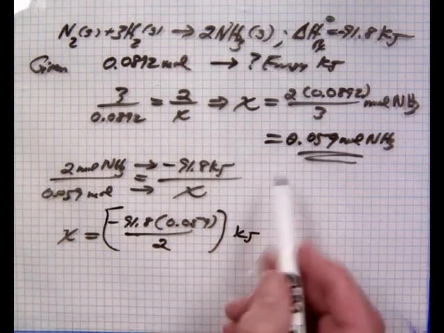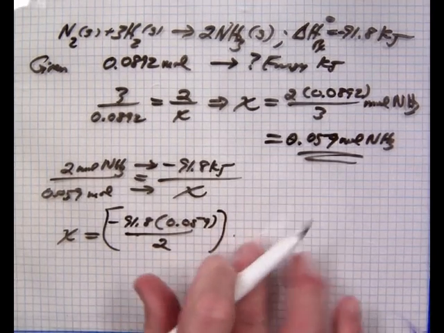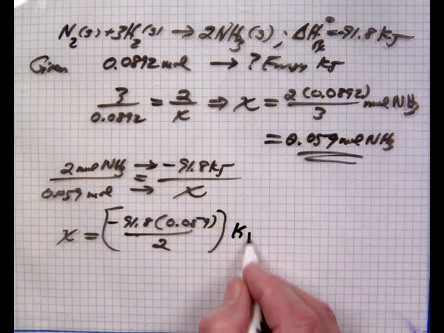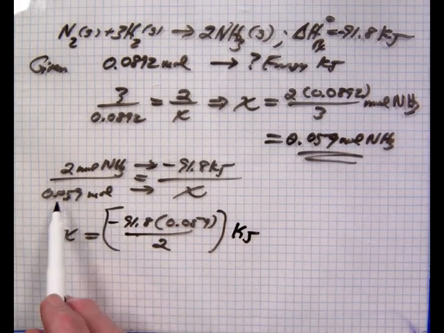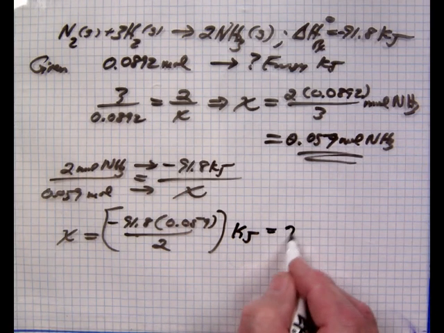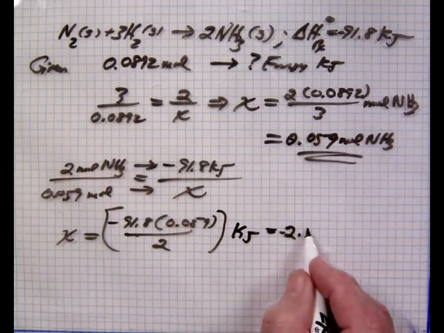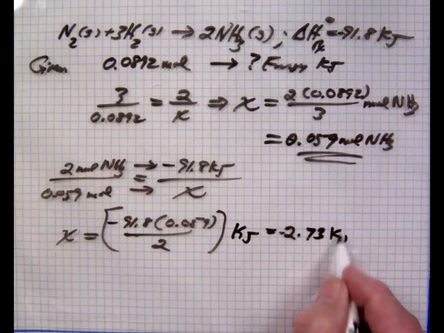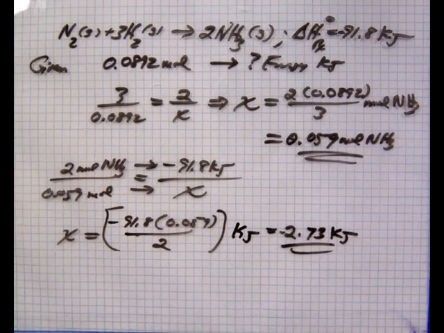So this will be the energy liberated on the formation of 0.059 moles of ammonia. And we have negative 2.73 kilojoules of energy liberated in that reaction.